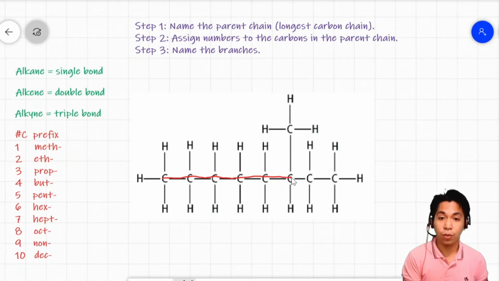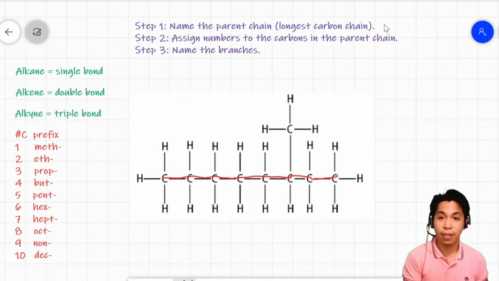But if you go to the right, you will pass this carbon, which is again connected to another carbon. If you use this pathway, you will have a total of 8 carbon atoms. But if you go in the previous direction, which is going up, you will only have 7 carbon atoms. So that means the parent chain is this direction here.